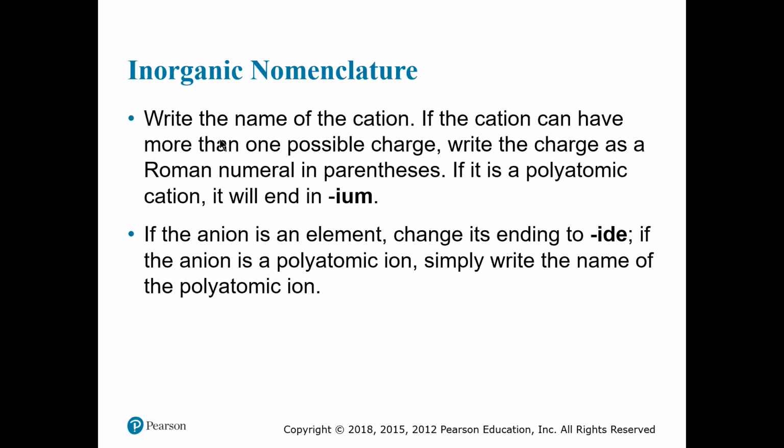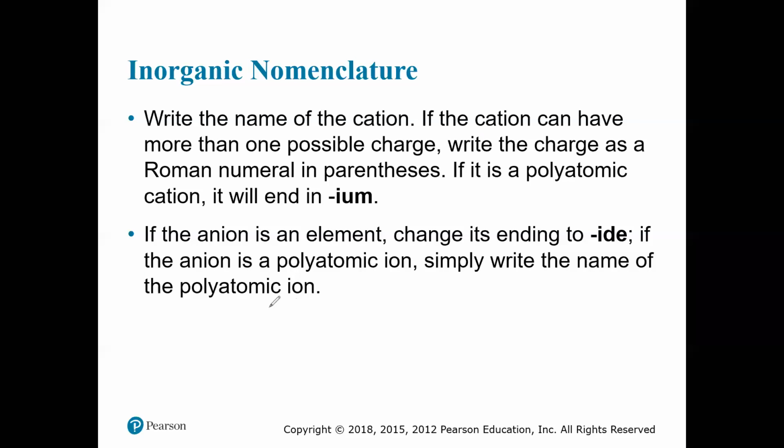So we always write the name of the cation or the metal first. If the cation can have more than one possible charge, you have to write the charge in Roman numerals in parentheses. So all those transition metals, you have to specify which iron you're using or which cobalt you're using.